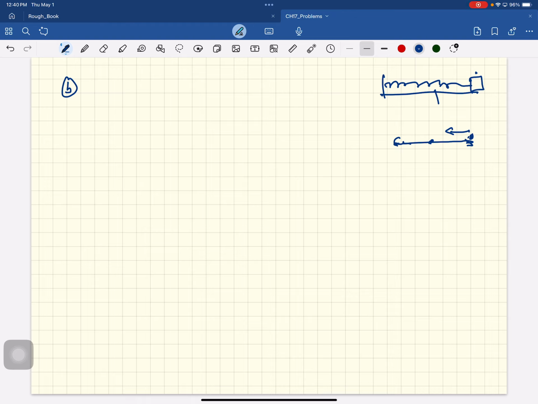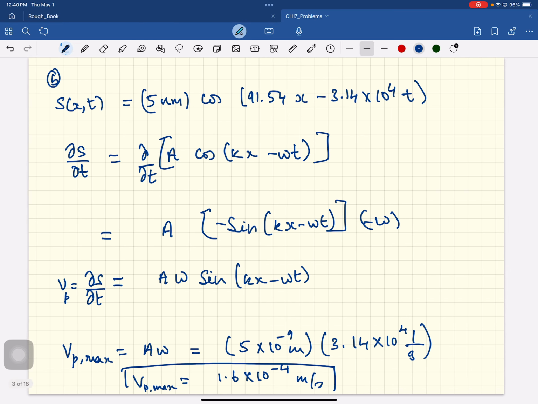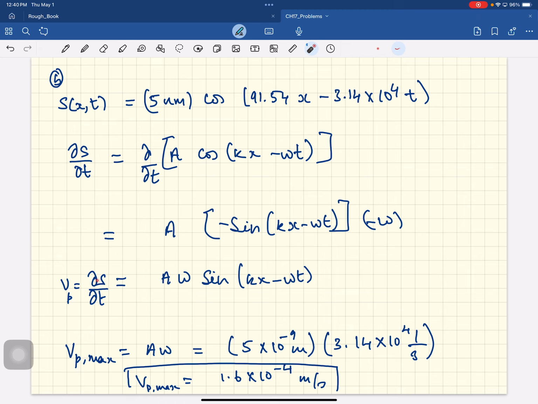The acceleration will be ∂²S/∂t². If you look at this, ∂S/∂t gives Aω, and if you take a derivative again, you'll get a minus ω, and this will become cosine.